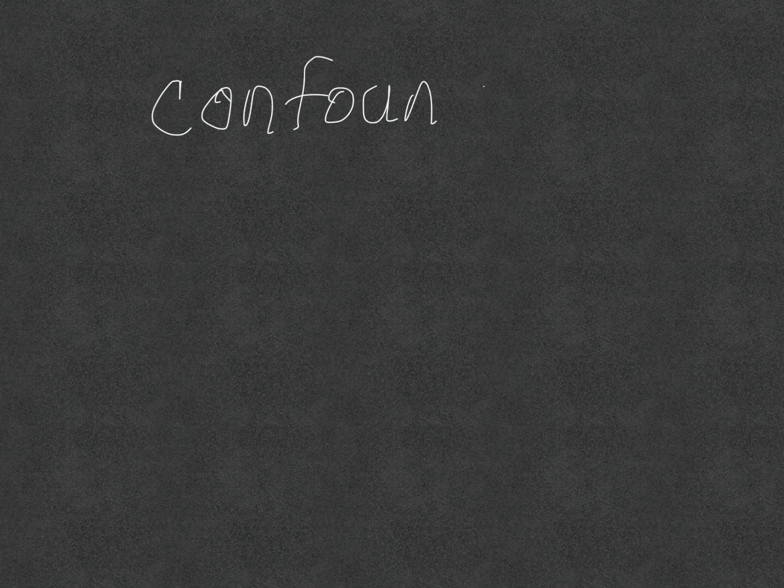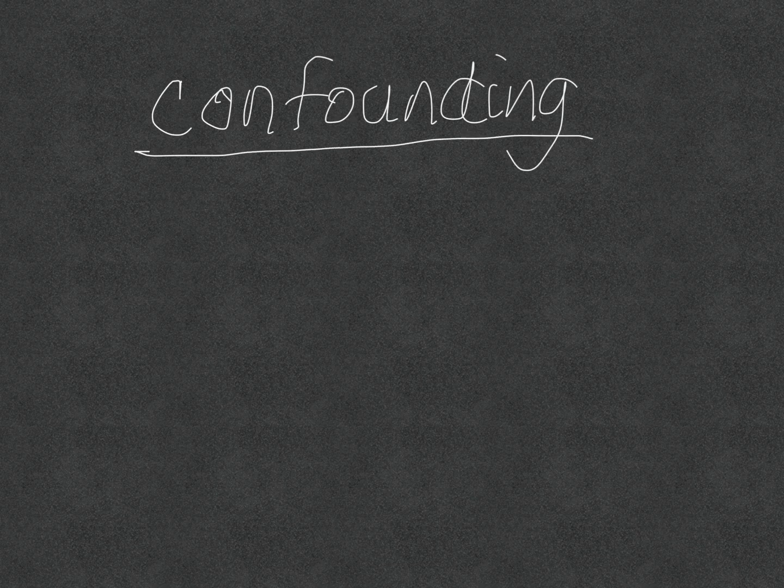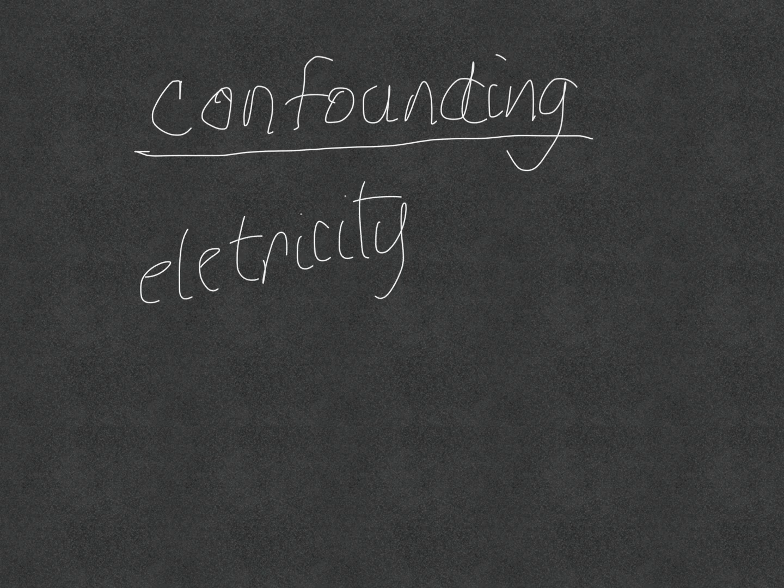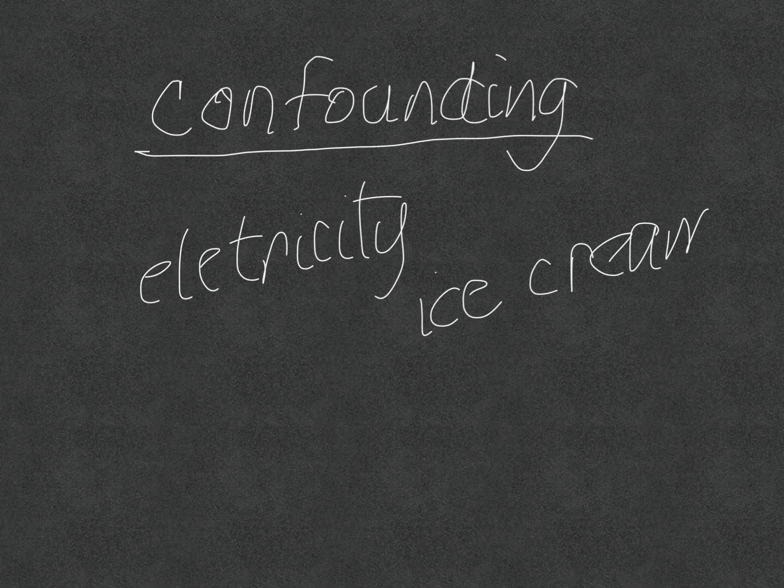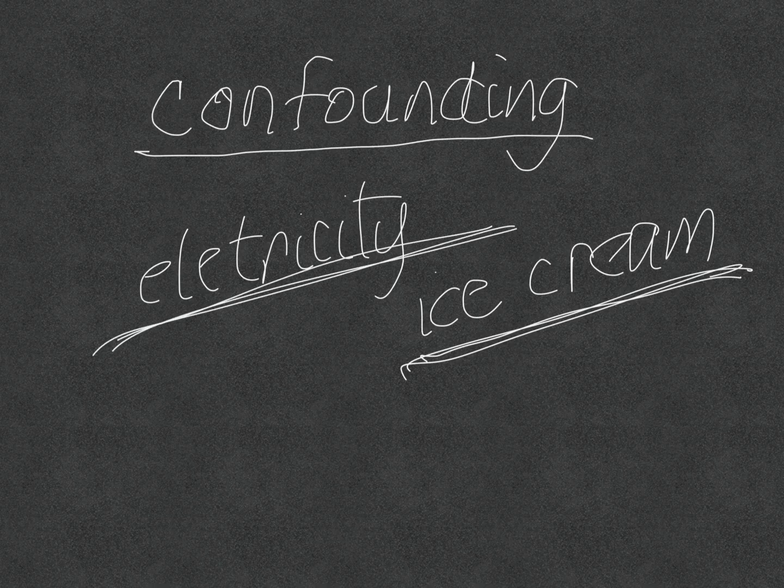we want to avoid what are called confounding variables. What's a confounding variable? A confounding variable is a variable that could be just as easily causing the problem. So here's a fact: it turns out that electricity usage goes up as more ice cream is sold. Wait a second, you're telling me that sales of ice cream causes higher electrical usage?